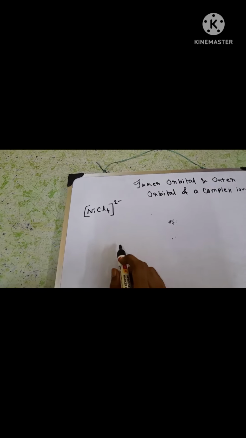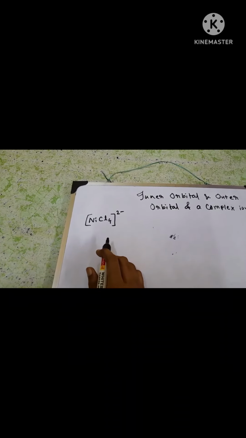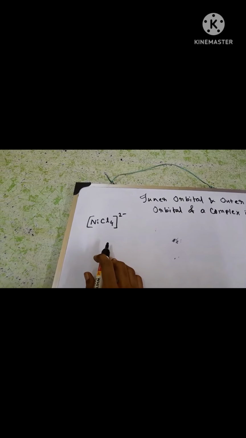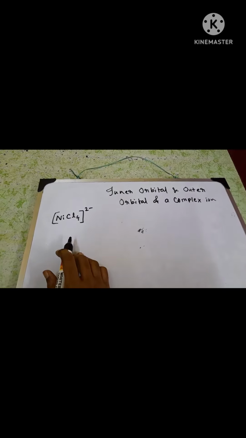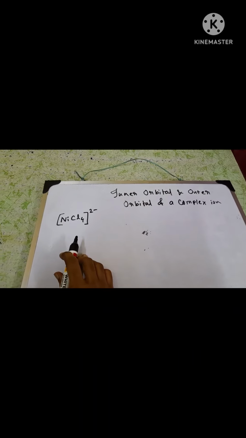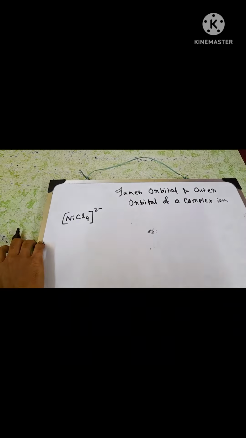Now we have to determine first the coordination number, through which we can say whether it is an inner or outer orbital complex. Another important piece of information is the strength of ligands, that is, strong field ligands or weak field ligands.